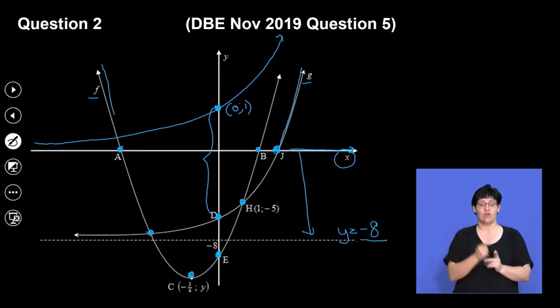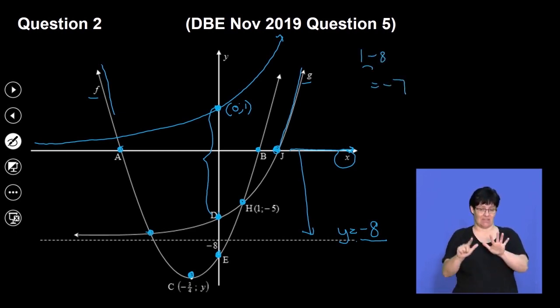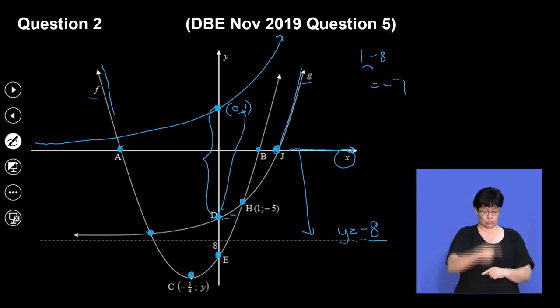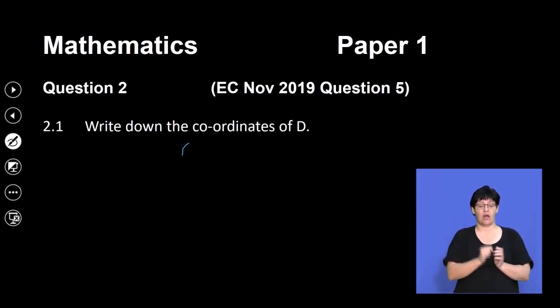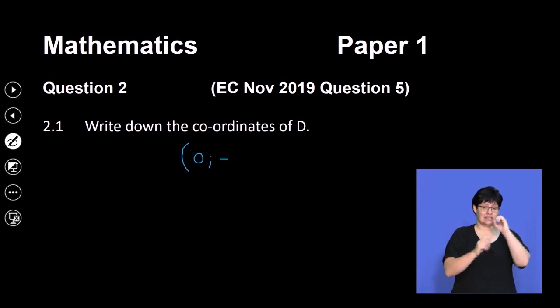So instead of 0, 1, we know that 1 minus 8 gives us -7. Therefore, the y-intercept has moved down from 1 to -7, and the coordinates of point D are 0, -7.